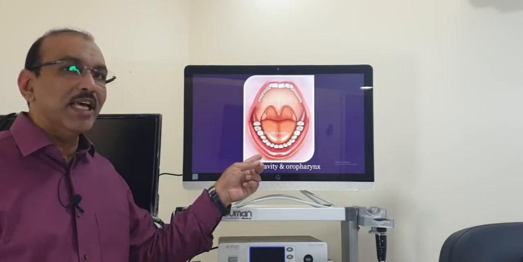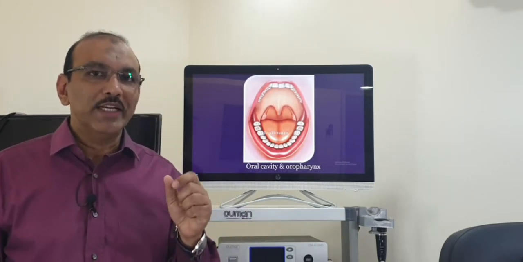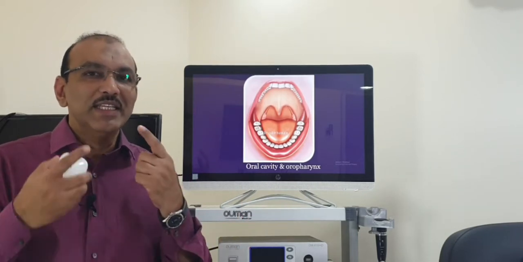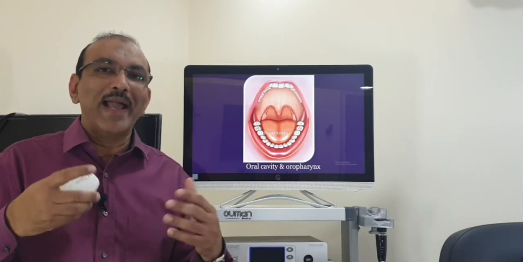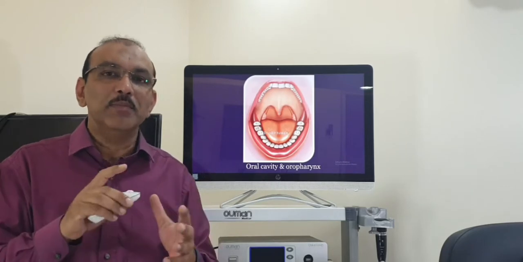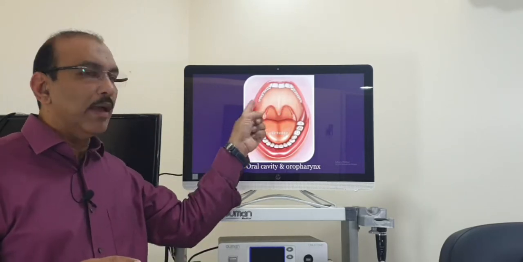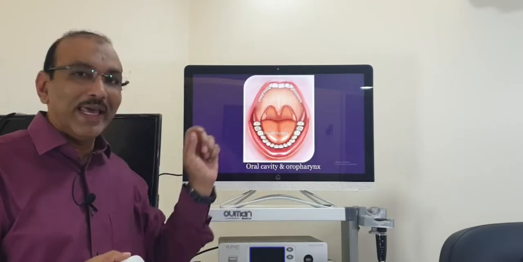Now, coming to examination of the oral cavity, whether he has an adequate mouth opening, so that it is easy for us if we need to operate on him. Then see the size of the tongue, whether it is normal size or macroglossia, bigger in size; whether the teeth alignment is the same or malocclusion is there; whether his palate, this part is called the palate, is redundant and whether it is low lying or not.